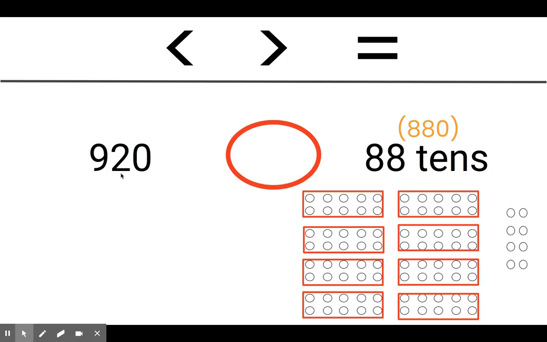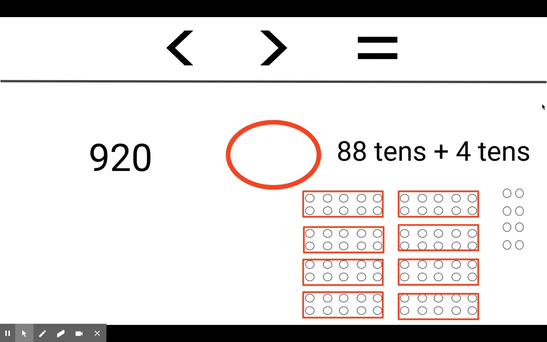Would we say 920 is less than 880, greater than 880, or equal to? If you have greater than, you're correct. 9 groups of 100 is greater than 8 groups of 100, giving 920 a greater value than 880.